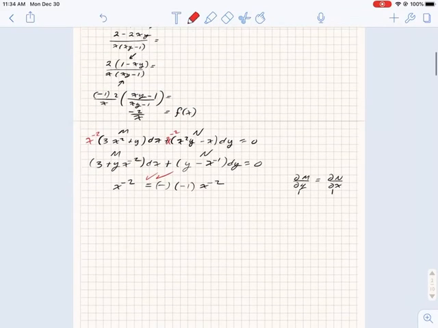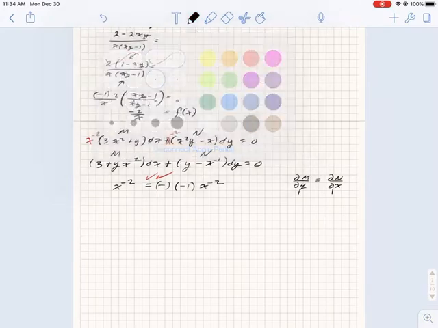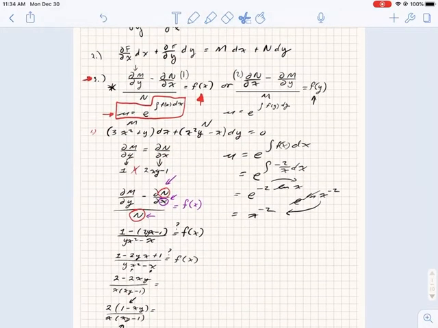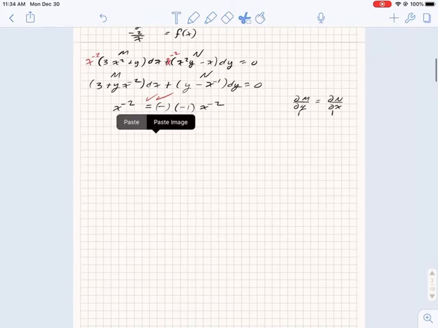So we forced this non-exact differential equation to be exact, and now we could use the exact method in order to solve the differential equation.